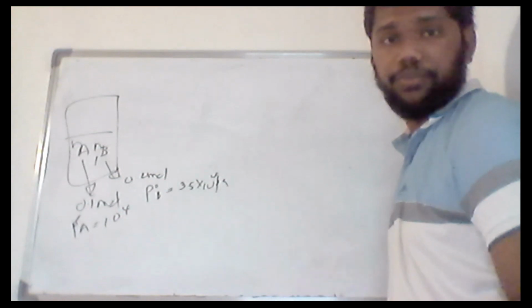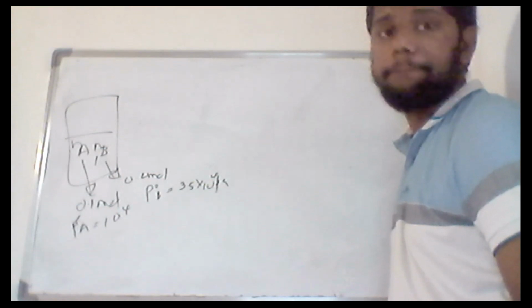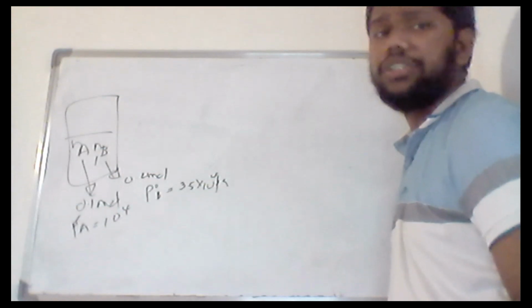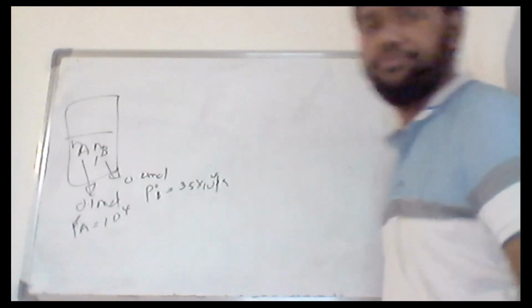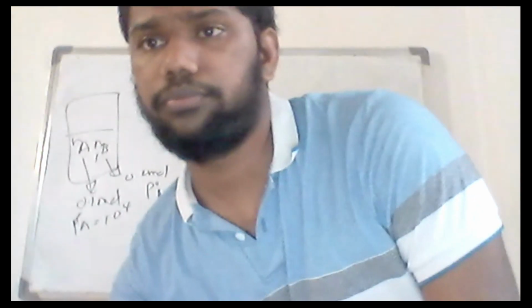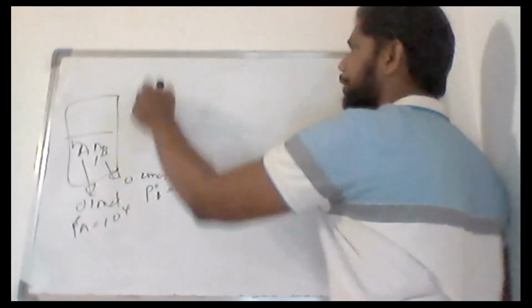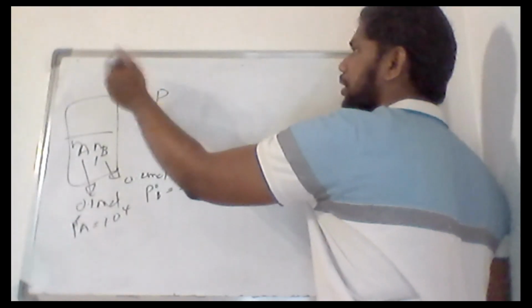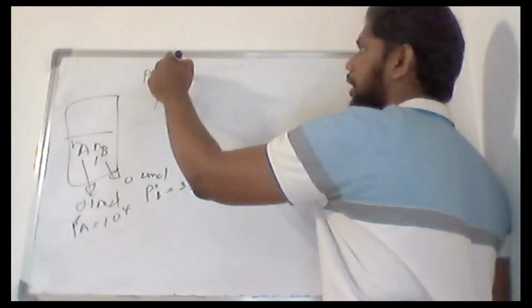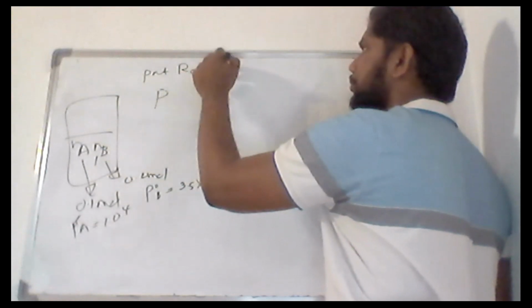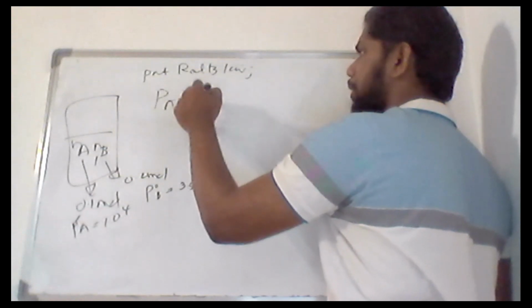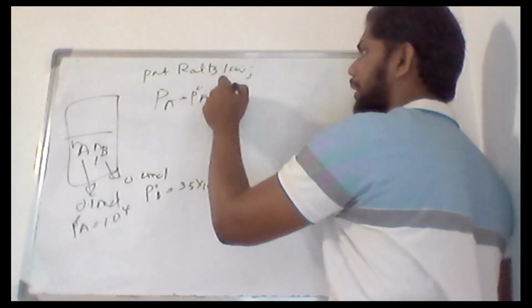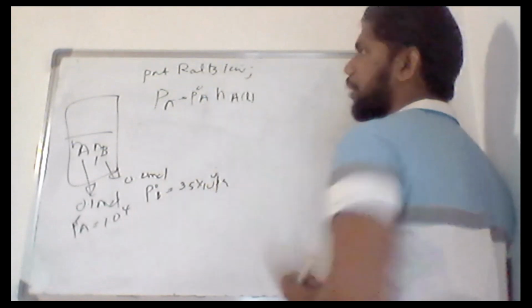So this becomes very straightforward because you are given the saturated vapor pressures. You just need to put in Raoult's law. PA is equal to P naught A times XA in the liquid.